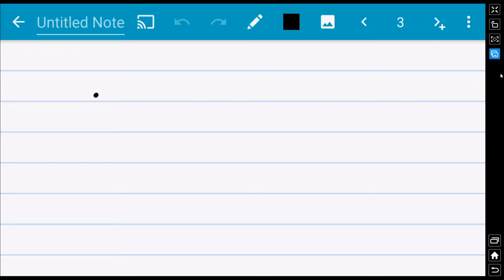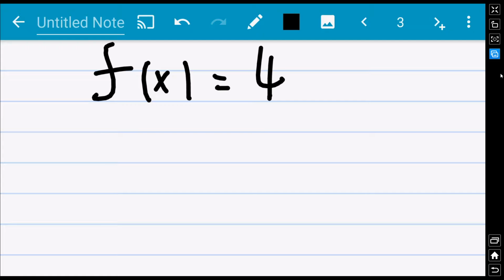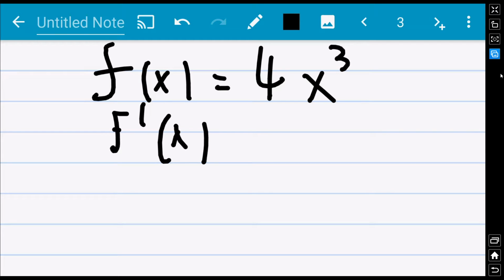Let's say f at x equals 4x cubed. Then f prime at x equals 12x squared. How did I do that?